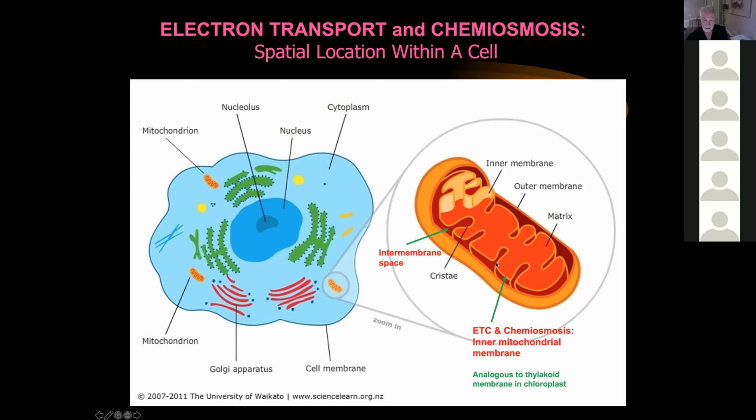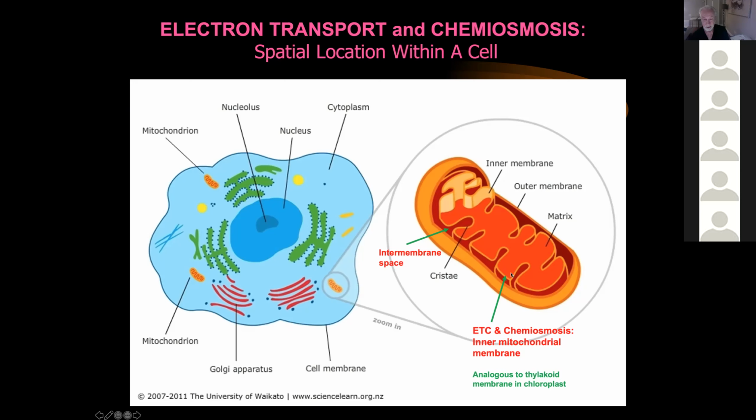So this inner mitochondrial membrane is analogous to a thylakoid. It's not the same thing because it's in a mitochondrion instead of in a chloroplast, but the same series of events happens. That is, electrons in both thylakoids and mitochondrial cristae are transported, generating a proton gradient, which generates ATP.